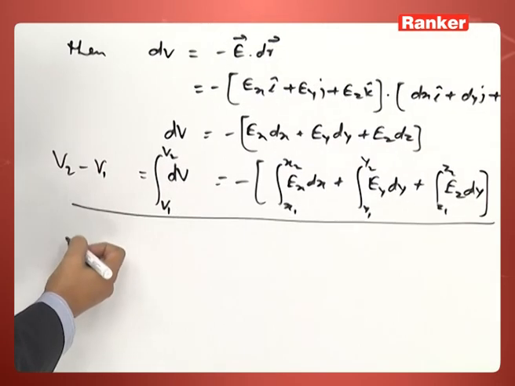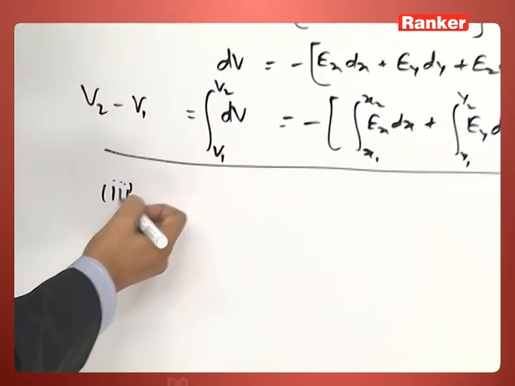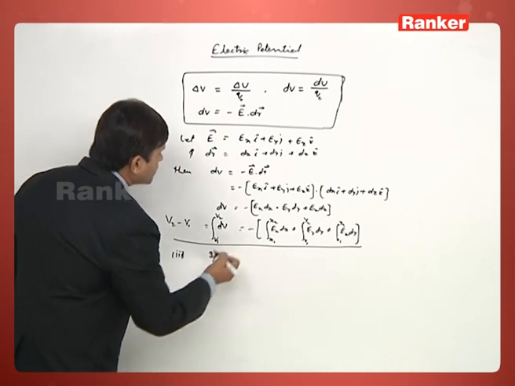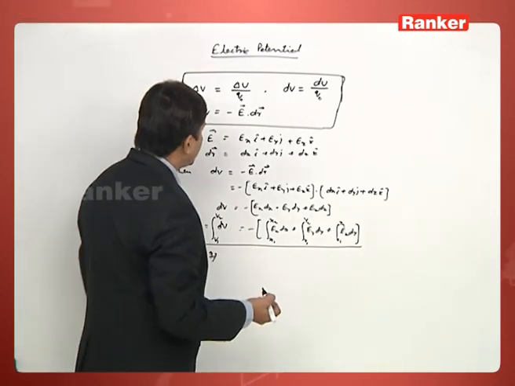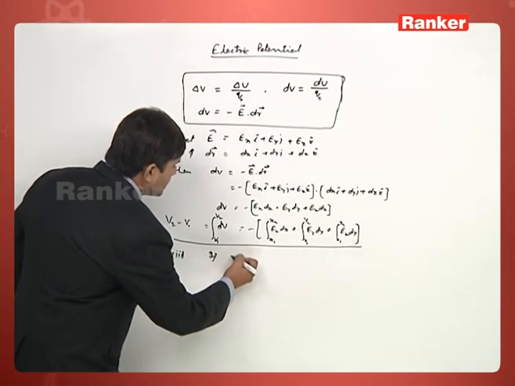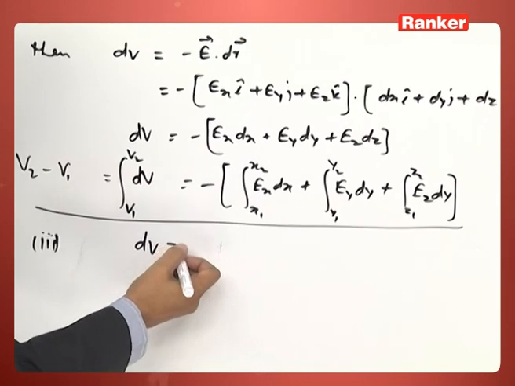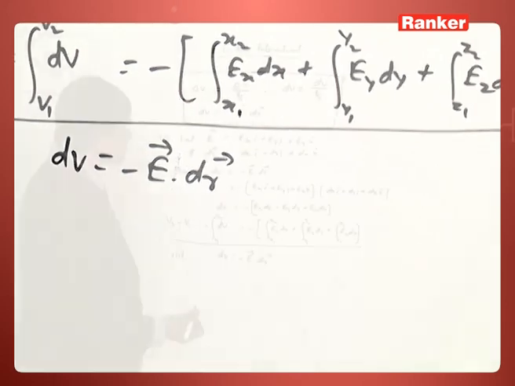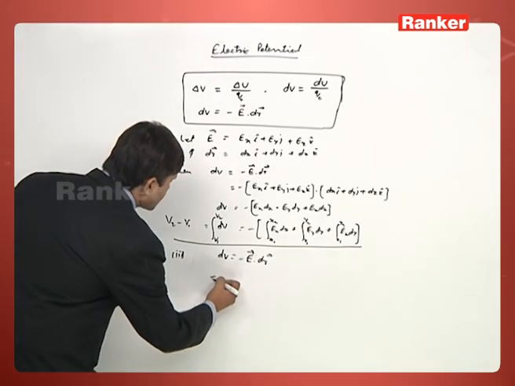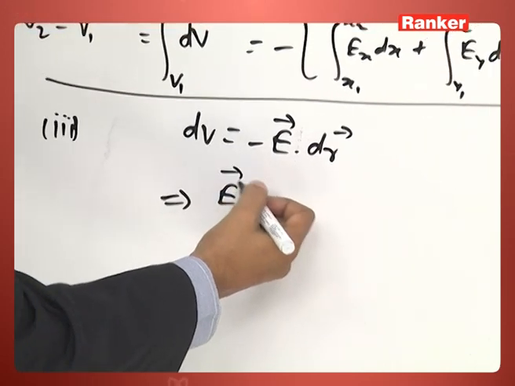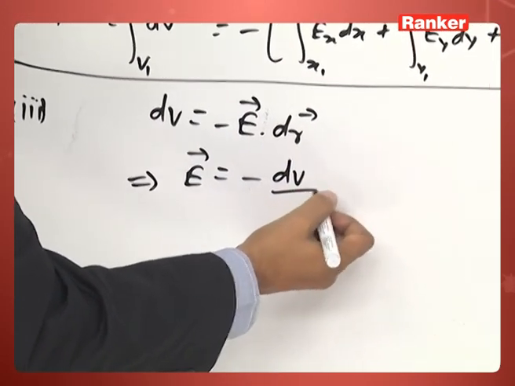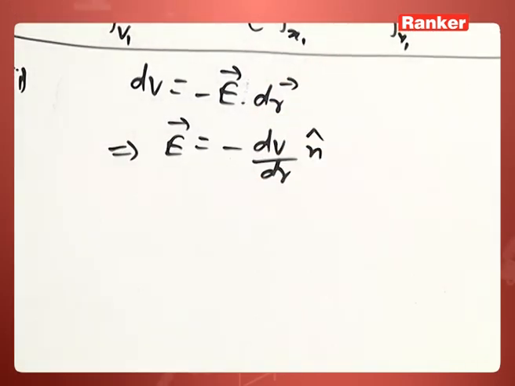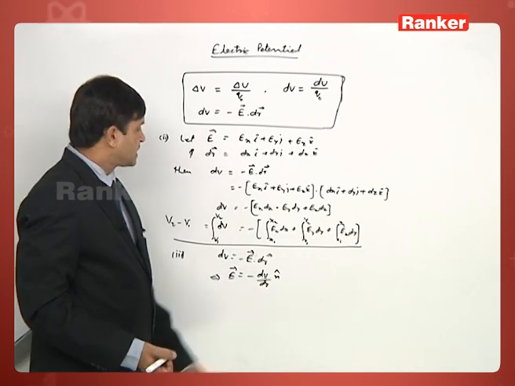Similarly, in the third point we can say if potential is given as a function of x, y, z, let us dV is given as minus E dot dr, and if we want to find the electric field from here, that gives us electric field is equal to minus of dV by dr n cap, where n cap gives us the direction of electric field.